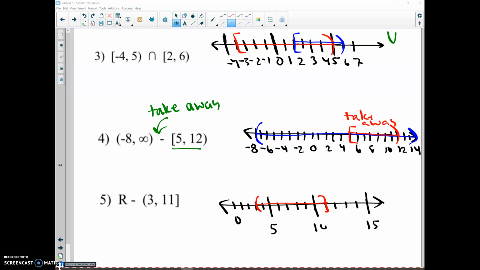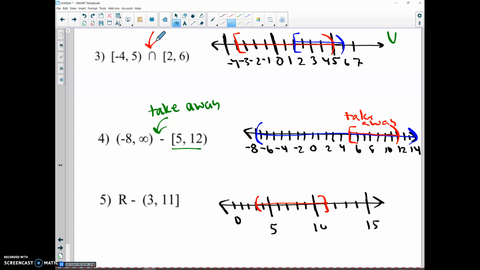All right, so I graphed 3, 4, and 5. I have not answered them completely yet. Number 3, the red interval is the first one, the blue interval is the second one, and we are looking for the intersection, so what is double shaded. You take whatever symbol, parenthesis or bracket, is attached to the endpoint, the critical point of your double shaded region.